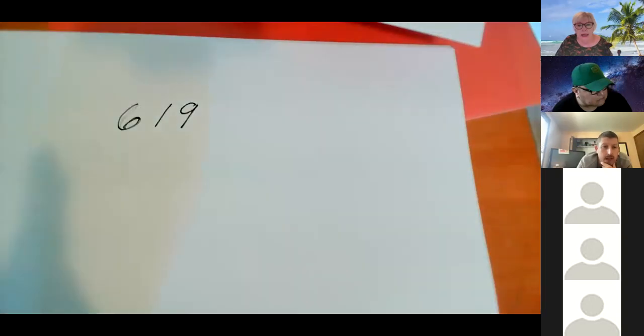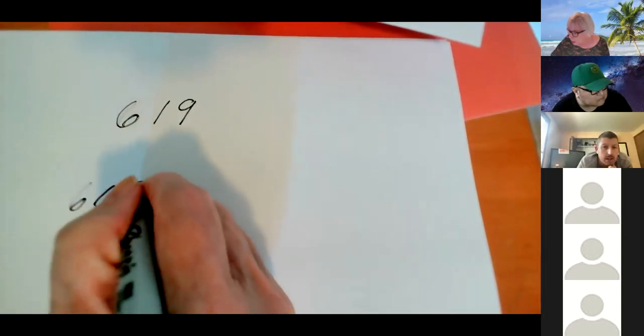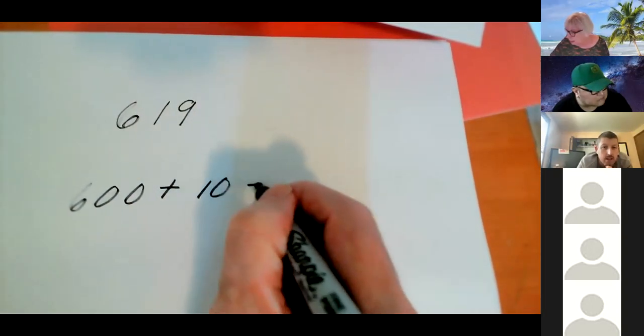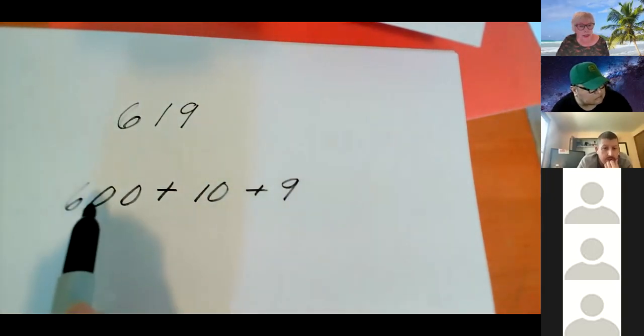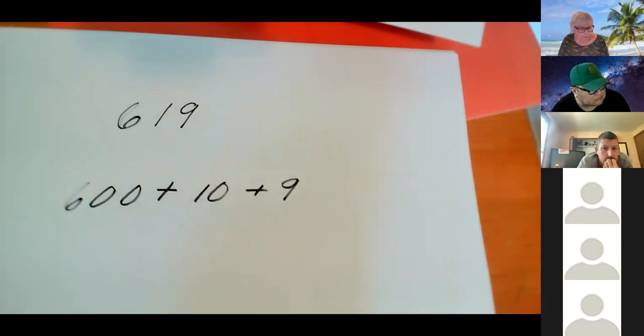So bottom line, 619 is condensed, if that was one of your choices. Expanded, let me go back to this. Oh, okay, I see how I got it wrong. Expanded would be 600 plus 10 plus 9. That would be expanded. So you're calling out what each one stands for? Right.